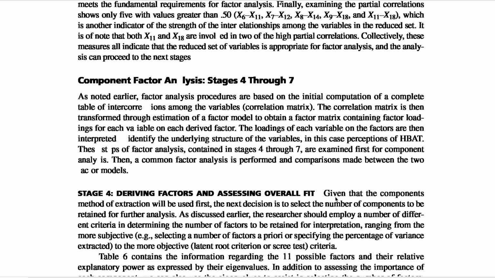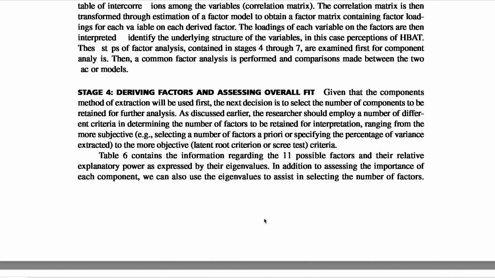On each derived factor, the loadings of each variable are then interpreted to identify the underlying structure of the variables. These steps for factor analysis contained in stages 4 through 7 are examined first for component analysis, then a common factor analysis is performed and a comparison made between the two models.